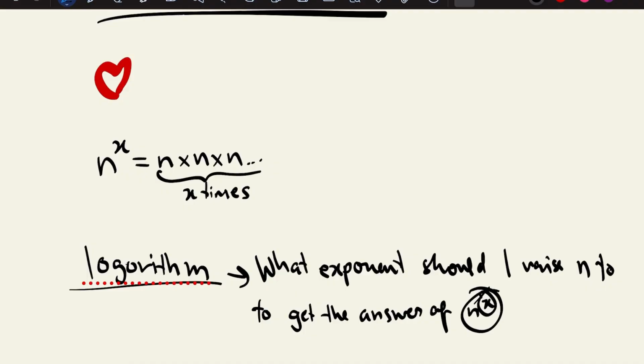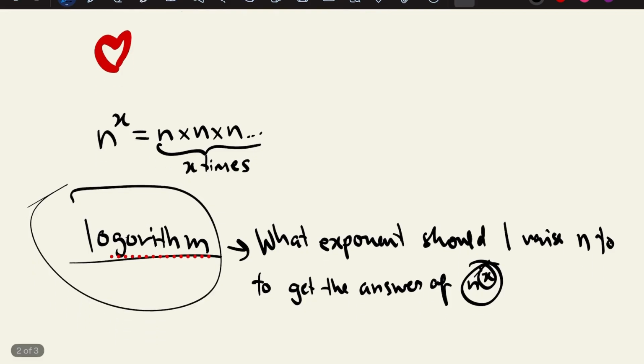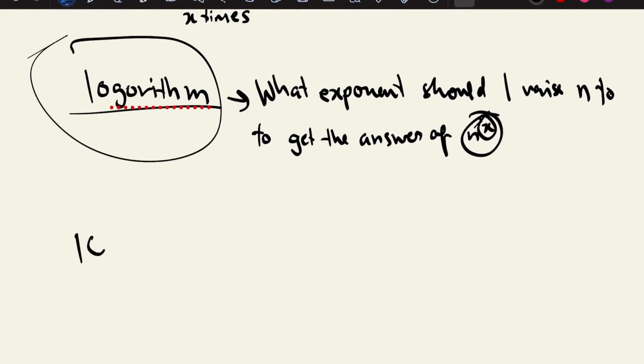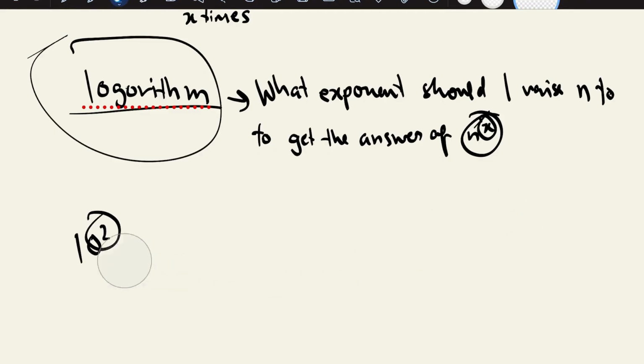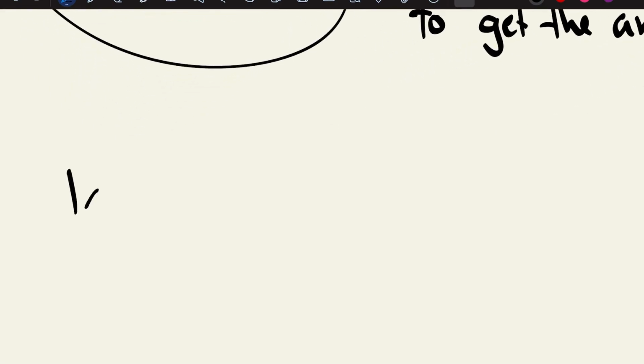But how does this logarithm function do this for us? Let's take an example. Let's say we've got 10 to the power of 2 is equal to 10 times 10, right? Which is equal to 100. So, when we ask what exponent should I raise 10 to, to get the answer of 100, we will get the answer of 2. So the way you write this is you write log, shortened form of logarithm.